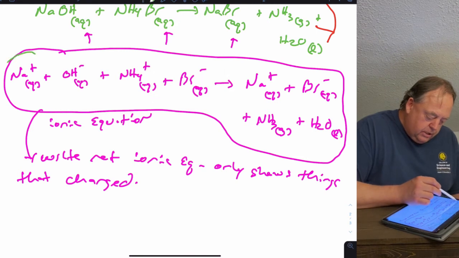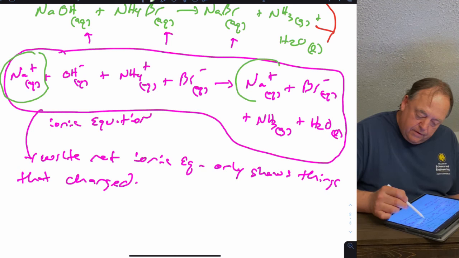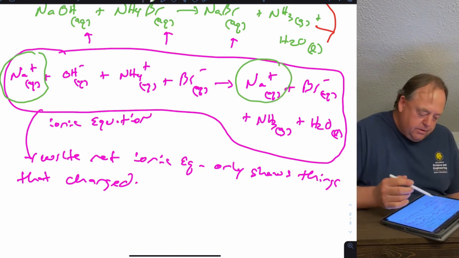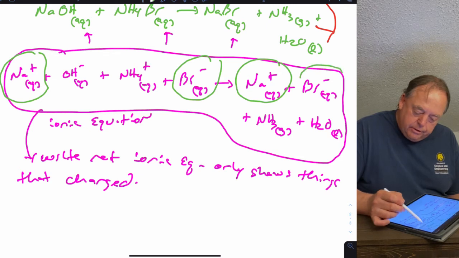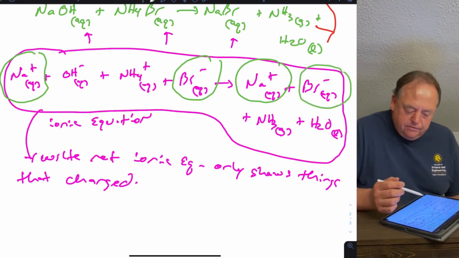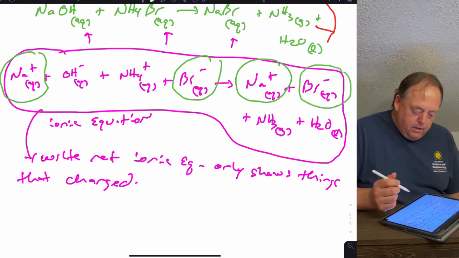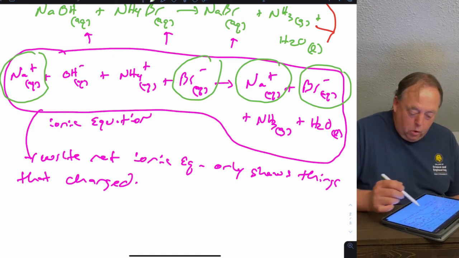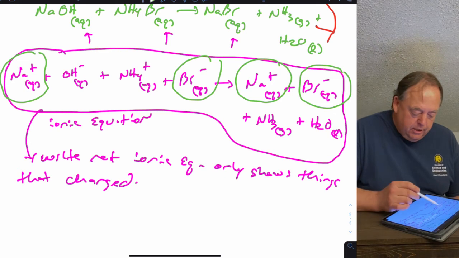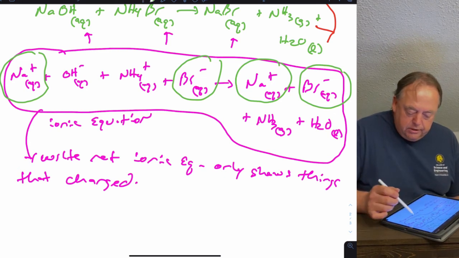So Na plus did not change, right? It's the same on the left and the right. So that's going to drop out. Bromide did not change. Br minus aqueous on the right and the left. So that's going to drop out. And everything else changed. So OH minus, there's no OH minus on the right, so that changed. NH4 plus aqueous, there's none of that on the right, so that changed.